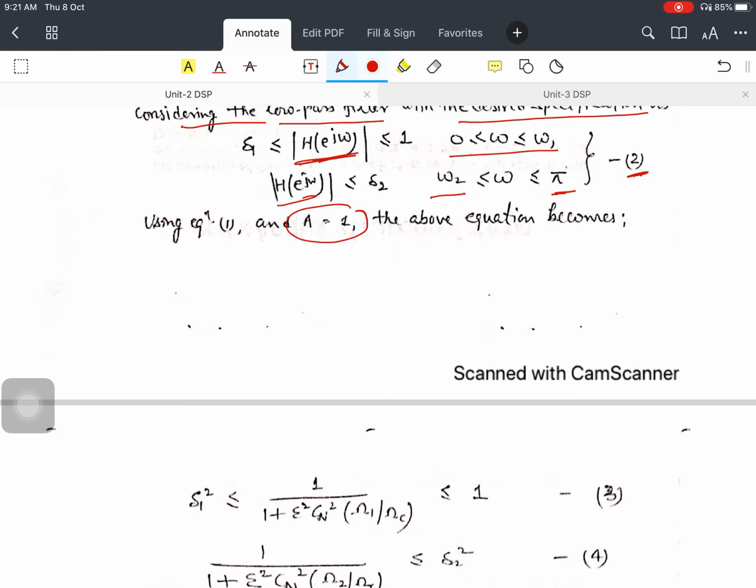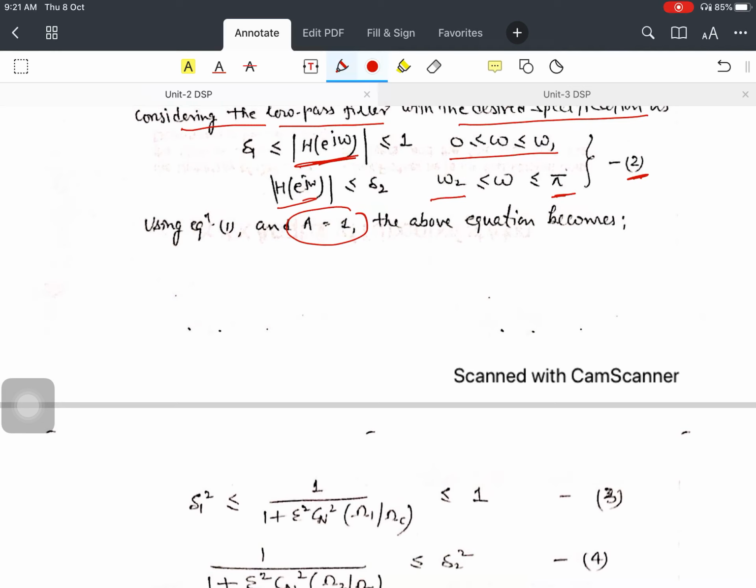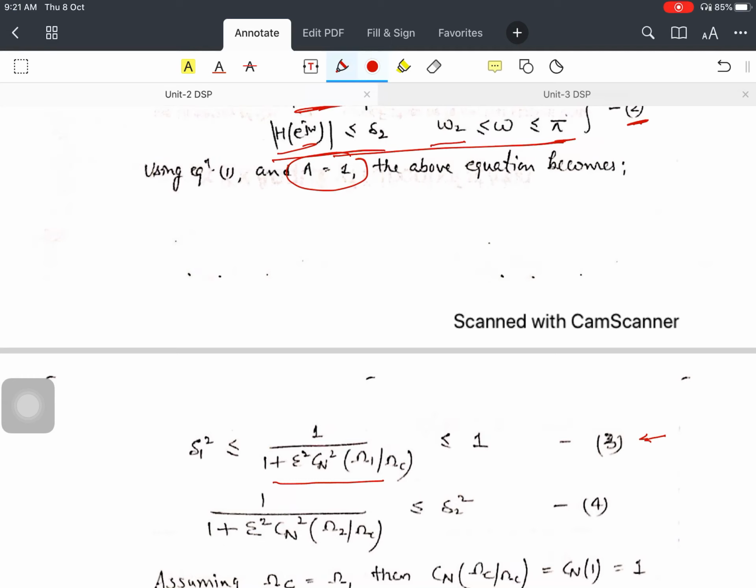When you put this value, we will get delta 1 square less than or equal to the function we discussed in equation number 1, that is 1 upon 1 plus epsilon square Cn square (Ω upon Ωc), less than or equal to 1, and for this equation, 1 upon 1 plus epsilon square Cn square (Ω2 upon Ωc) less than or equal to delta 2 square.